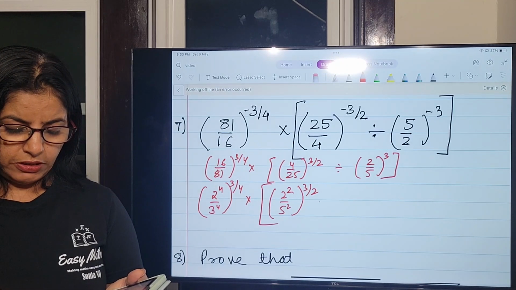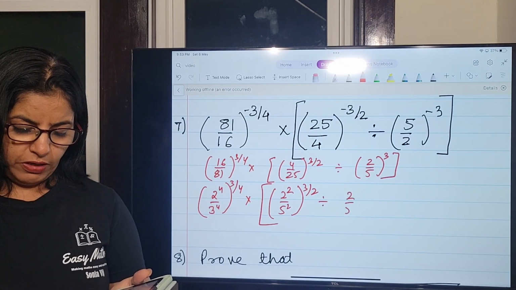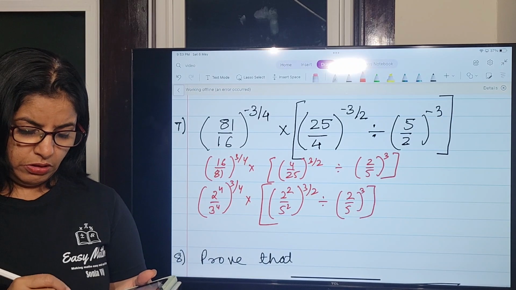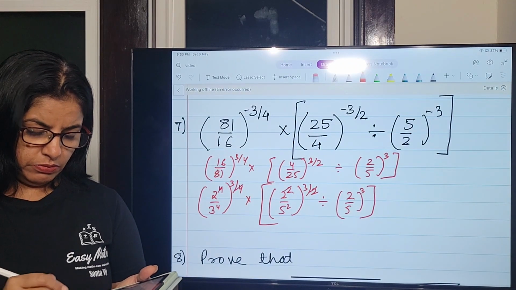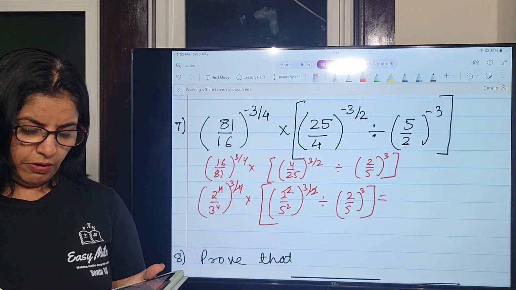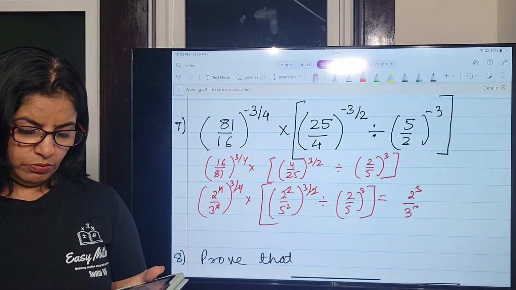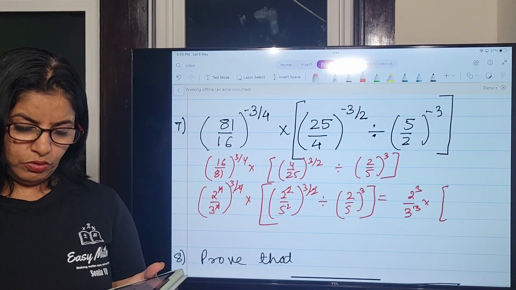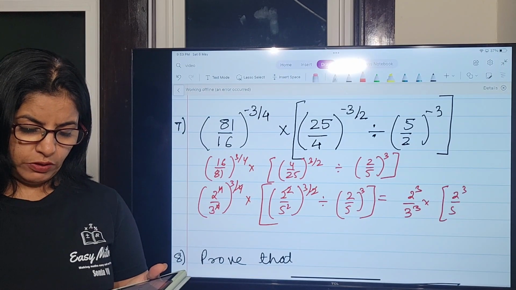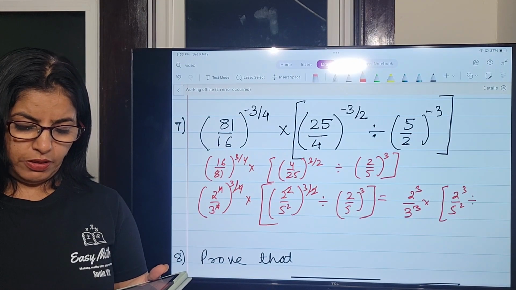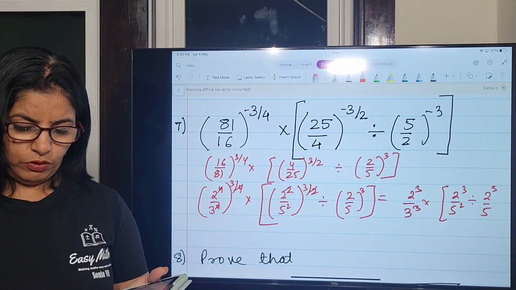We keep the brackets intact, 2 by 5 to the power 3, cancelling. So what do we get? We have 2 cube upon 3 cube into 2 cube 5 cube divided by 2 cube 5 cube.